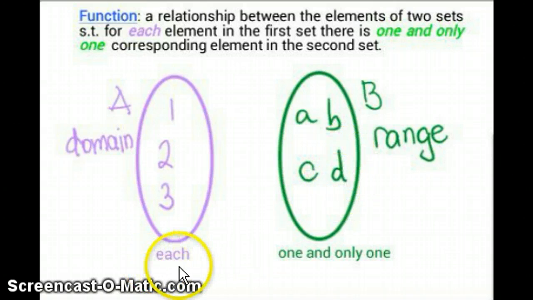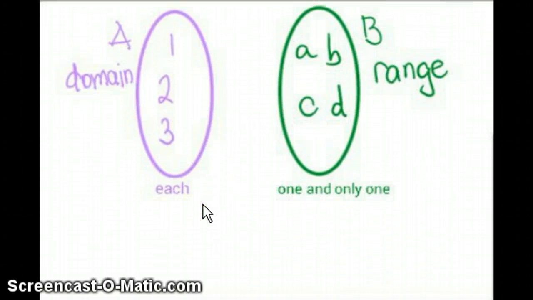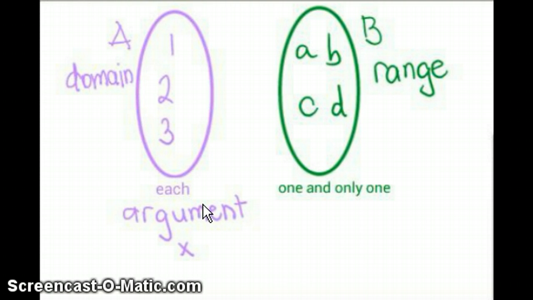Well, instead of using element and corresponding element and so on, I would tell you from the beginning that the elements in the domain are called arguments and are usually denoted by X, just a convention. The elements of the range are called images and they're usually denoted by Y, or I'm going to get back to the other notation a little bit later.